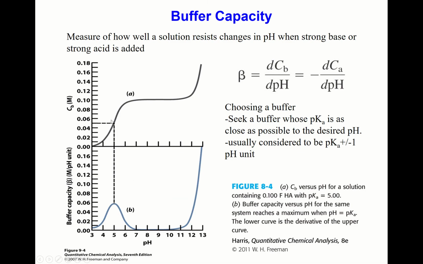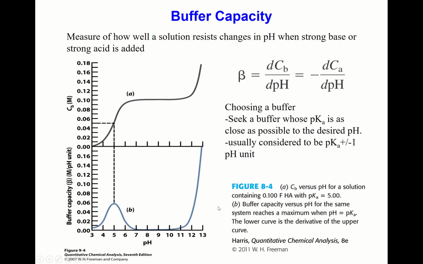In other words, this is when equal concentrations of HA and A minus forms are there. So don't forget that maximum capacity is reached when pH equals pKa.